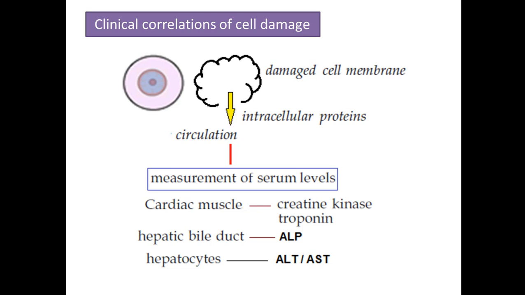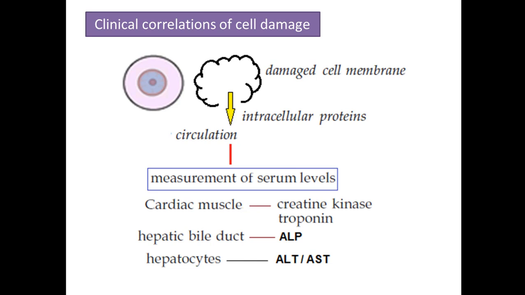The mechanism behind it is that when the cardiac muscles are damaged, these proteins, creatine kinase and troponin I and troponin T, are released into the circulation and result in high levels of their blood concentration.